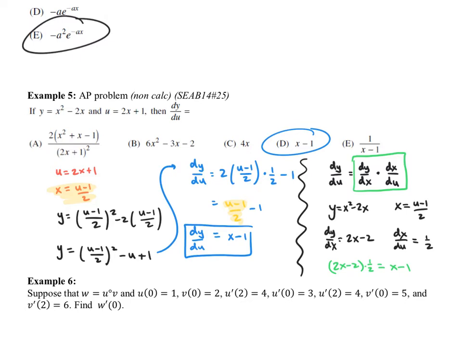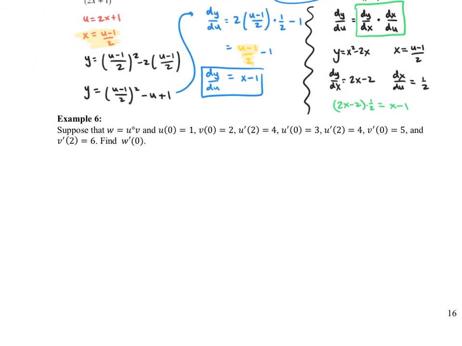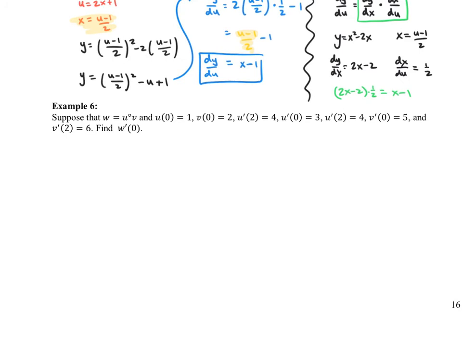All right, let's try example 6. With example 6, we have all sorts of information. Keep in mind that this piece of the problem is really just a chain or composite function. It's u of v. So we have u as a function of v, and we have all this information.